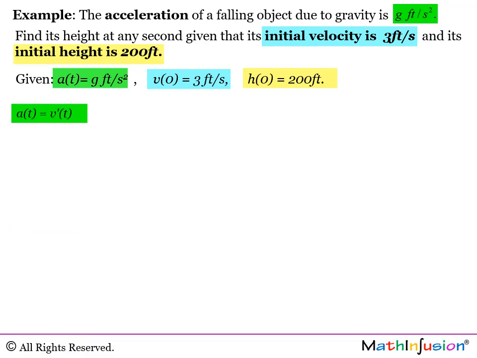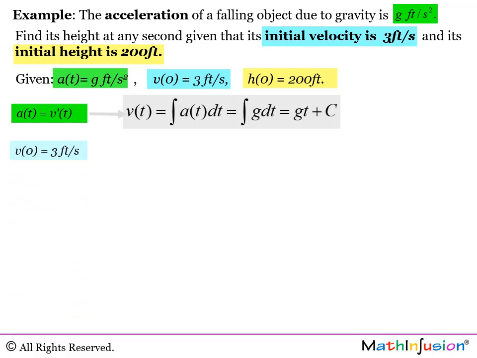We know that if we differentiate the velocity, we will get the acceleration. It means that if the acceleration is given, we can get the velocity by taking the antiderivative of the acceleration. And we get g times t plus c. We have to find c.